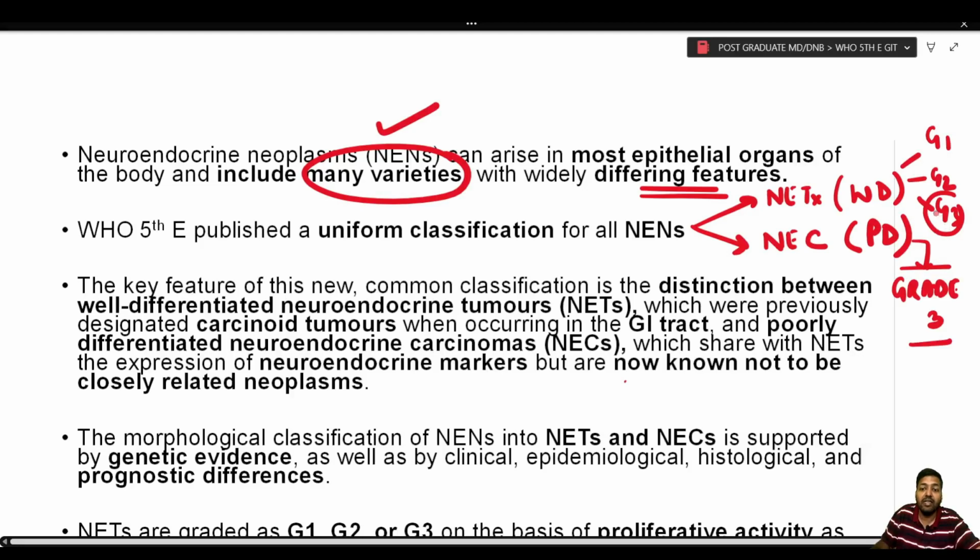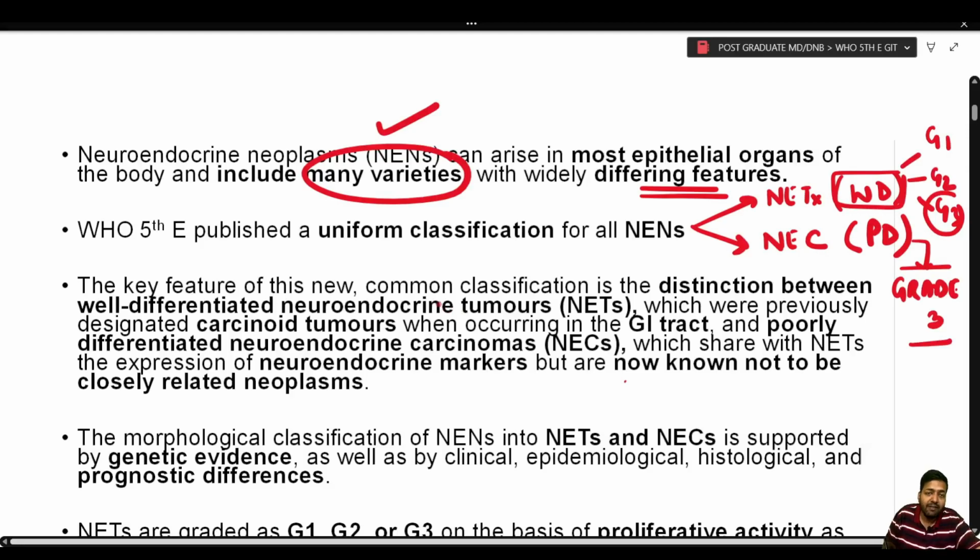The grade 3 neuroendocrine tumor is a well differentiated tumor, and the neuroendocrine carcinomas are poorly differentiated. So there is no relation between grade 3 NET and the poorly differentiated neuroendocrine carcinoma. This is the major update in the WHO 5th edition of GIT neuroendocrine neoplasm.